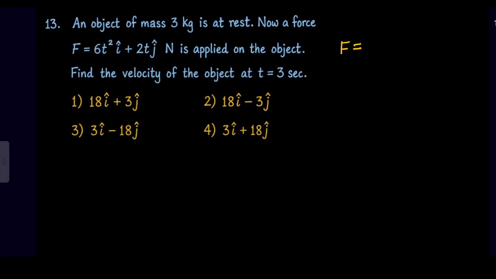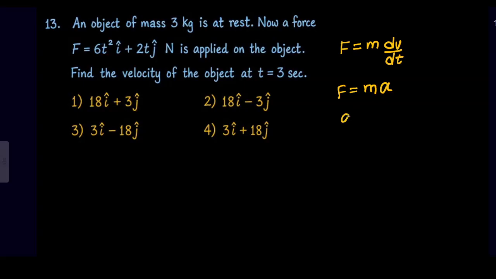F is equal to m into delta v by delta t. Now I can simply write m into delta v by delta t as a.